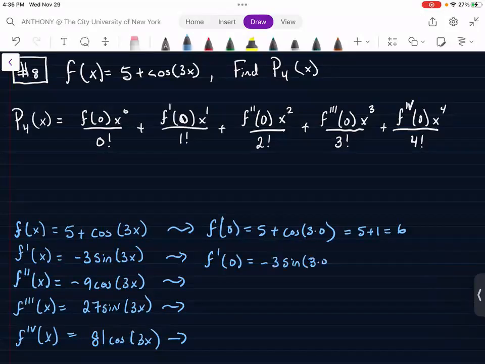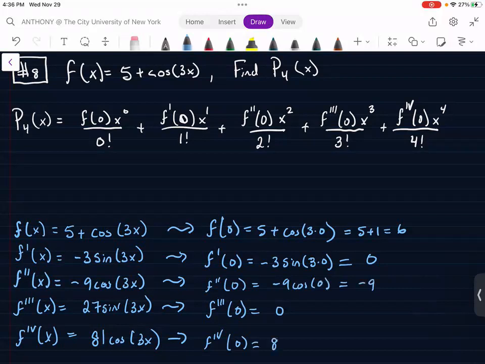All the signs are going to be 0. So even the f triple prime is also going to be 0 because sine of 0 is 0. So we just have to focus on f double prime and the fourth derivative. So you have negative 9 times cosine of 0, so that will be negative 9. Here you're going to get 81 times cosine of 0, which is 81.